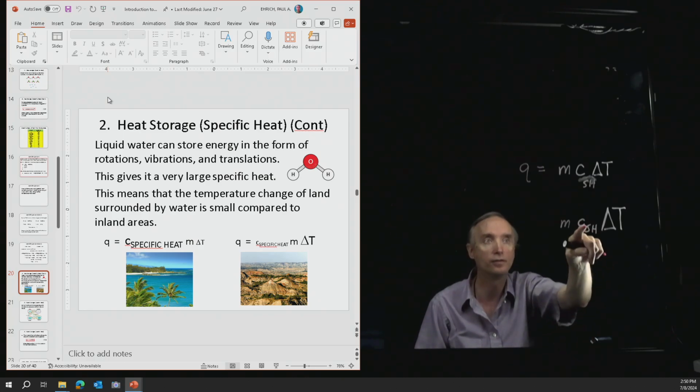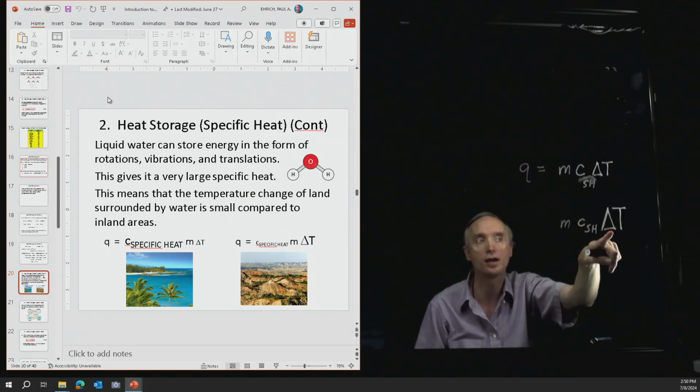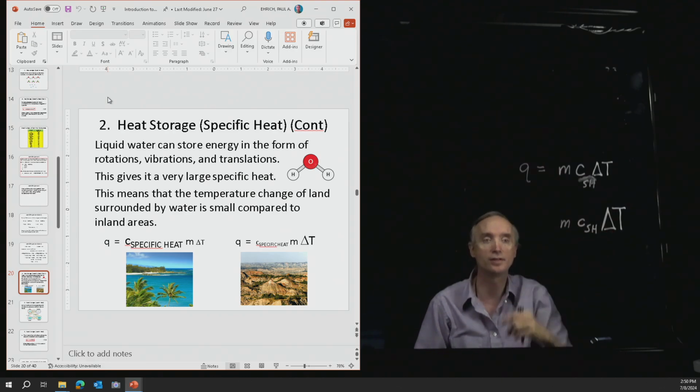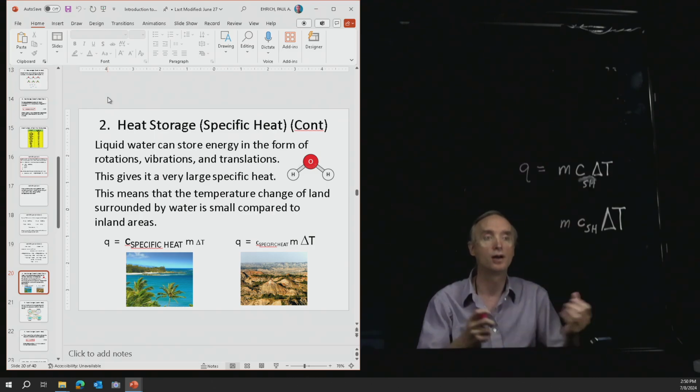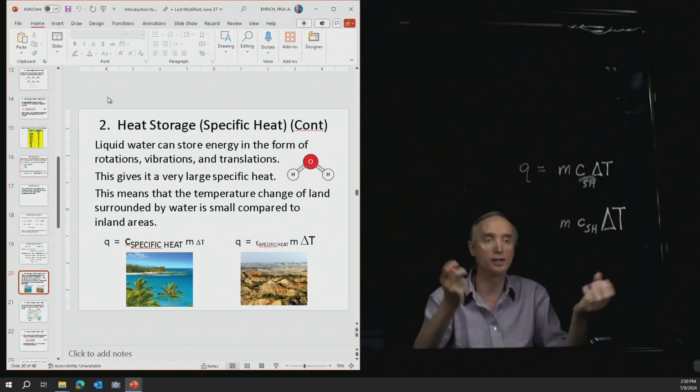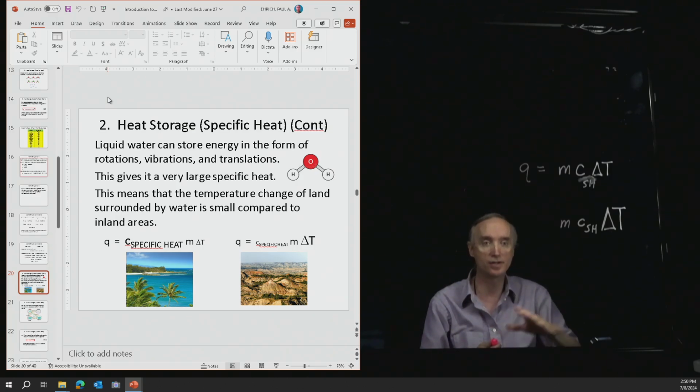So therefore, if this number here is small, this number over here is very big in order to compensate. So in South or North Dakota, during the daytime, those rocks are going to begin to emit a lot of heat, and so the temperature right above the ground is going to be very, very hot.